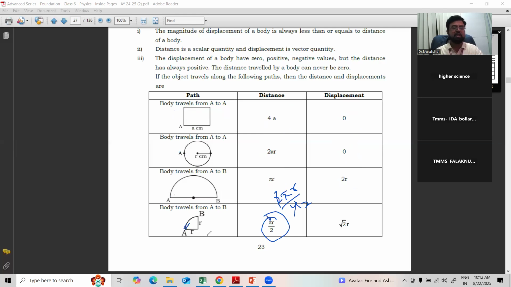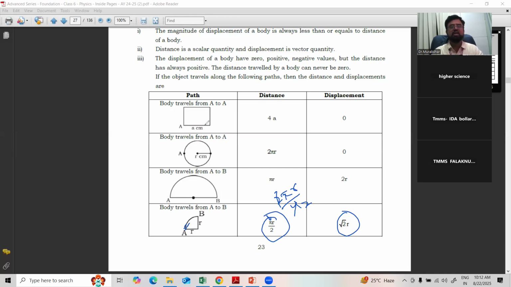And what is the displacement here? A to B. You can take it from the Pythagoras theorem: AC square is equal to AB square plus BC square. You get root 2 r for the quarter circle.